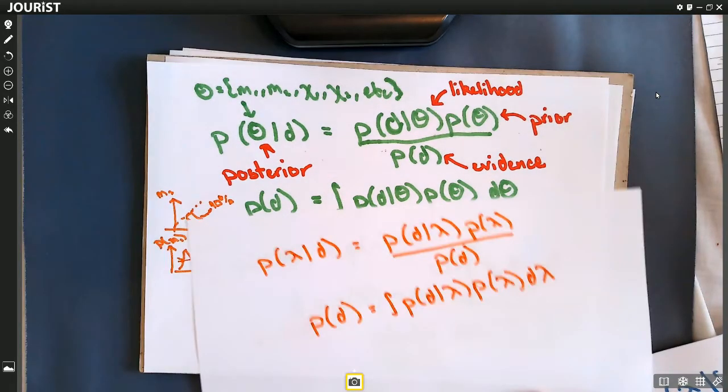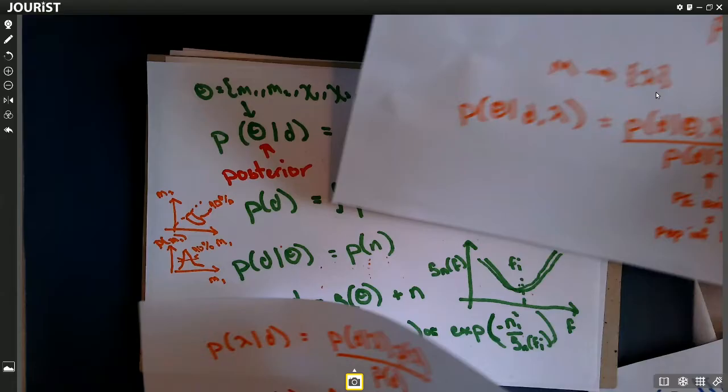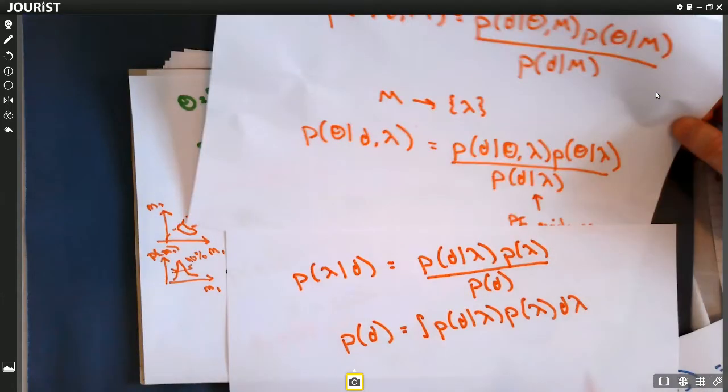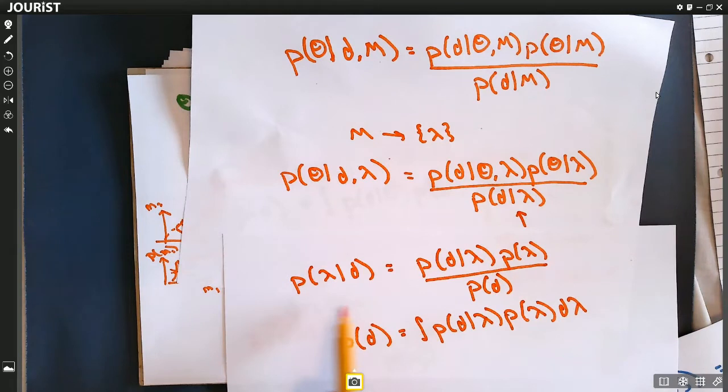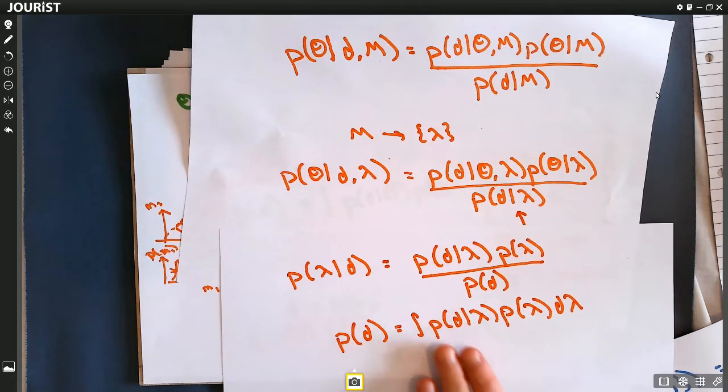Okay, so we would take our evidence from parameter estimation, that becomes our new likelihood, and we could work out our population parameters. That's if we had a single observation.